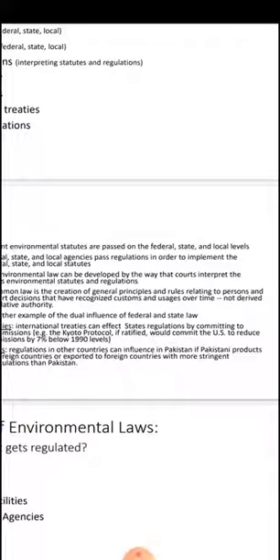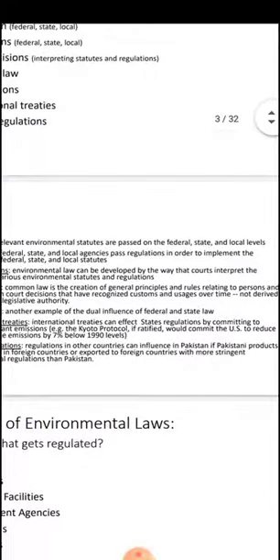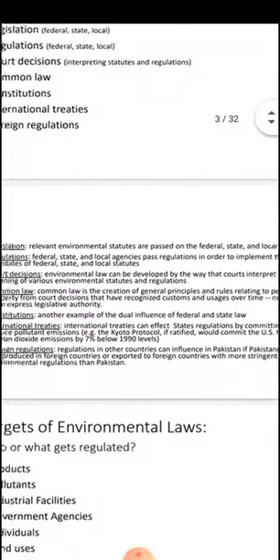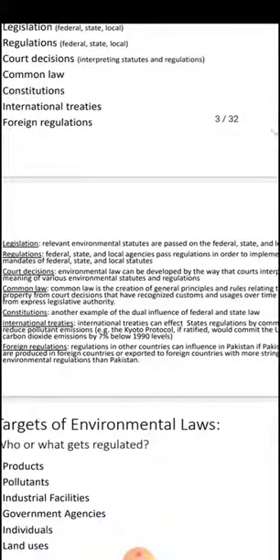So in that case, we must have some court decision. That decision which is coming from the court will act as a law, and will have to be implemented. So this is one of the examples.